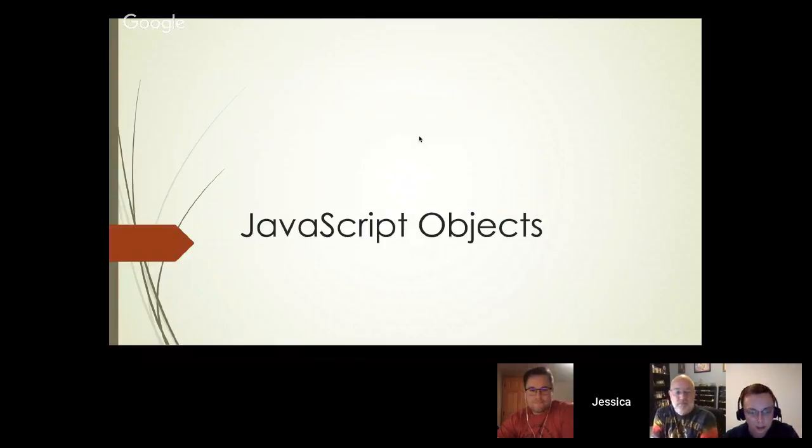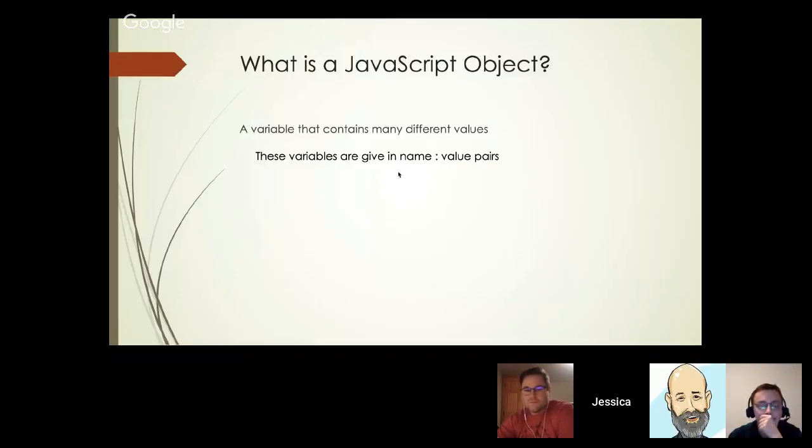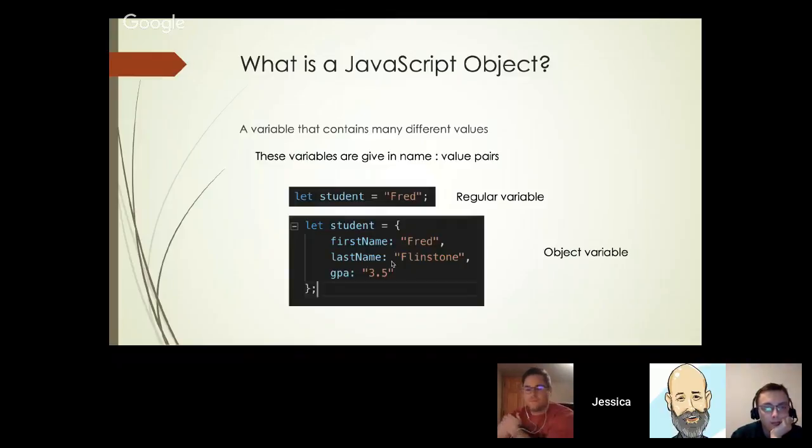I'll stay unmuted. Okay, so I am doing JavaScript objects. What is it? It's a variable that contains many different values, which we were just talking about. They're given in name-value pairs, sort of like we had with maps in C++. Here we've got our regular variable, and this is what the object variable declaration would look like.